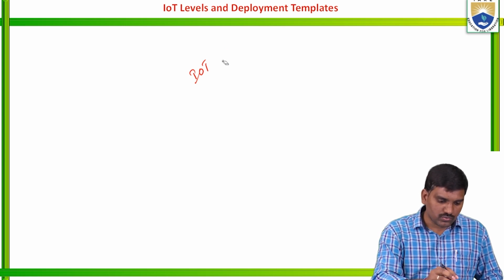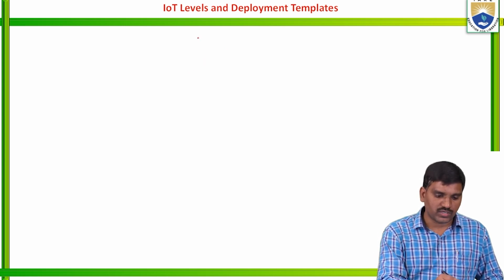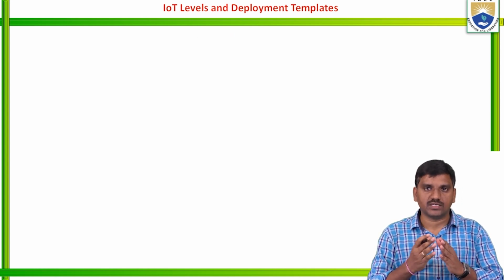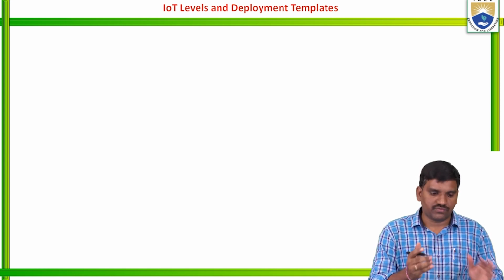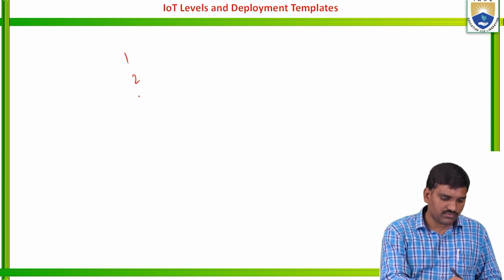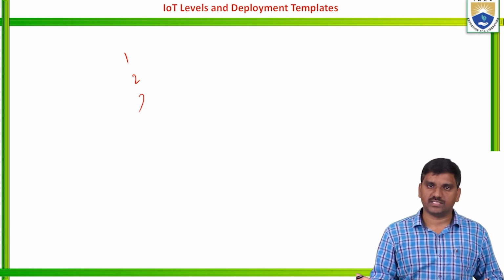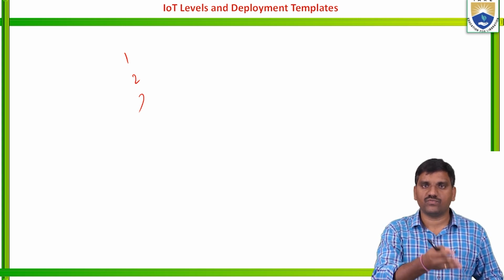Now I'm going to enter into another new topic, that is IoT levels and deployment models. As per our information technology, we have 6 different IoT levels: level 1, level 2, level 3, level 4, level 5, level 6. What are the specifications of levels from 1 to 6?